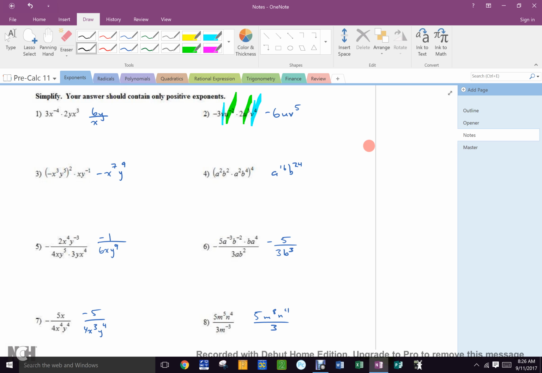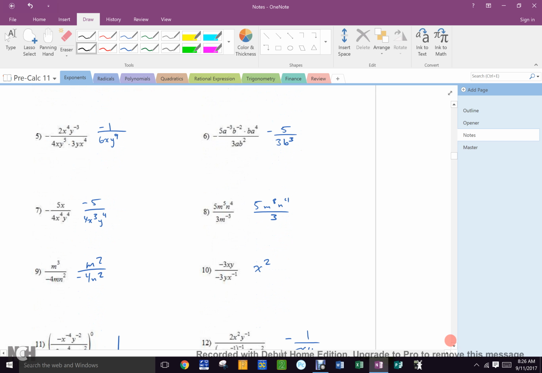7. Negative out in front, right? So you can leave it there. I usually just move it up to the numerator for my own thinking purposes, right? The whole answer's got to be negative. So the 5 and 4, I like to split it up. Numbers with numbers. Do 5 and 4 change?